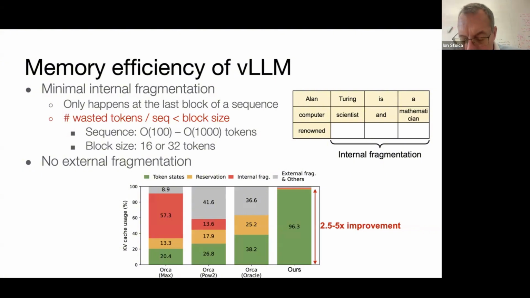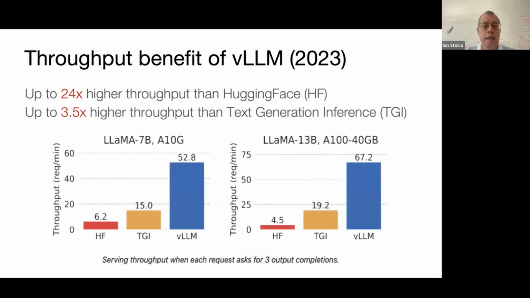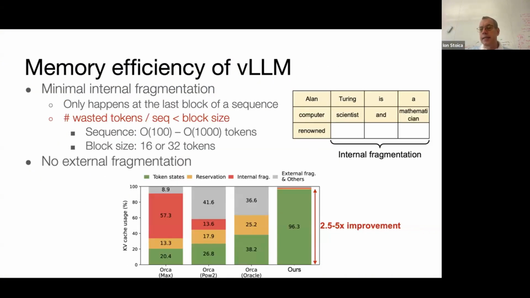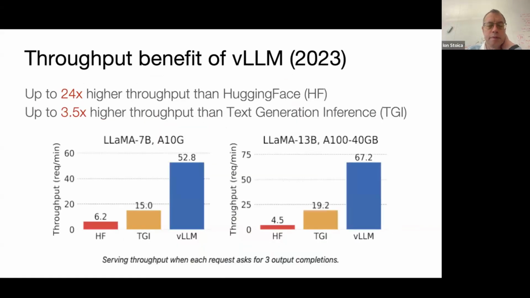And again, the 38% assumes that you have an oracle which knows how long each request is. More realistically, it's an improvement from 26.8% to 96%. So almost 4 times. And this translates into throughput, right? Because now I can serve 2-3 times more requests at the same time, right?